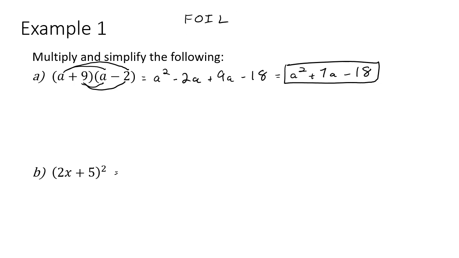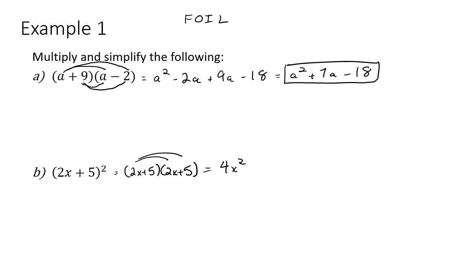So what we're going to do in this case is, because anything squared by definition is just multiplied by itself, we're going to write this out. This is 2x plus 5 times itself, 2x plus 5. And then at that point, you just FOIL it, same as part A. So I'm going to distribute the 2x through to both parts. 2x times 2x, you can multiply the 2's together to get 4.